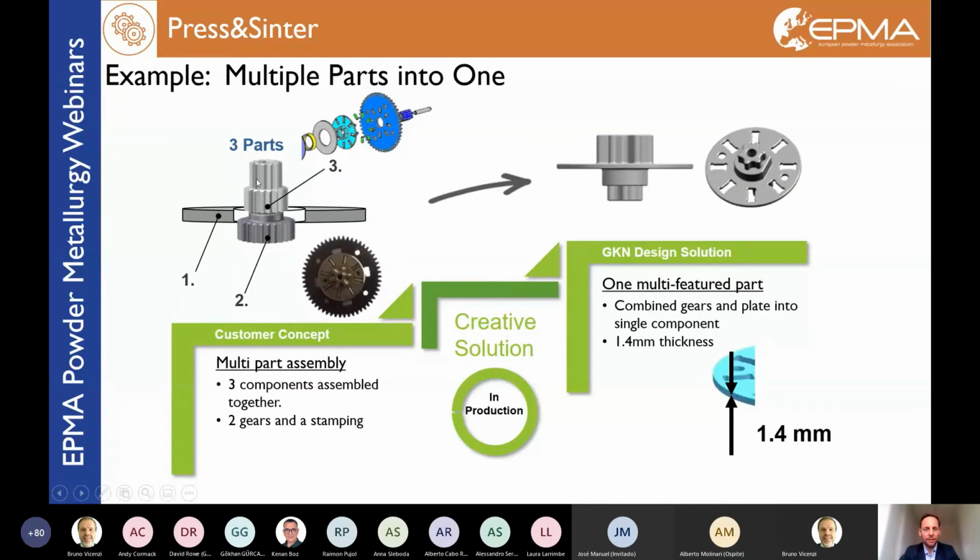Here the initial design was 3 single pads from the customer, 2 gears and the third pad all joined together, and with a few optimizations on the geometry, we were able with the customer to convert these 3 pads together to 1 single pad compacted in 1 single step, and you can imagine the added value and the cost improvement for the customer in this case.